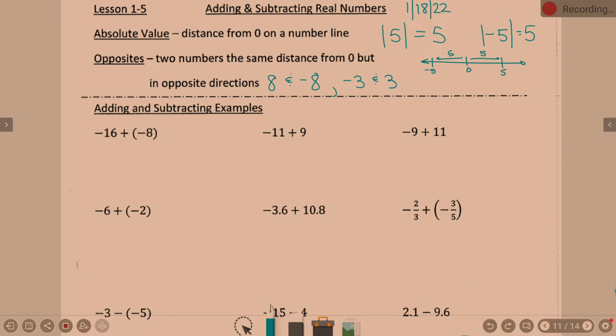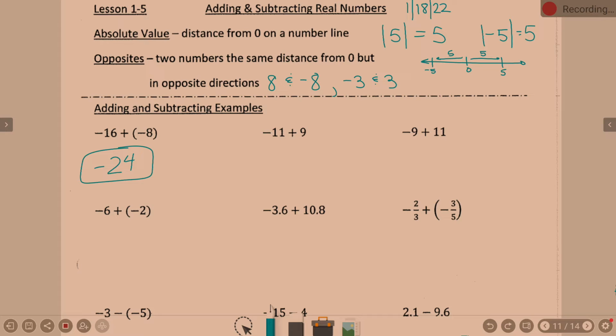Maybe yes, maybe no. If you're not sure, notice what it says here, addition. And right there, we're adding a negative plus a negative. What happens? When you add a negative plus a negative, you get a negative. So what is negative 16 plus negative 8? Negative 24. Because 16 plus 8 is 24.